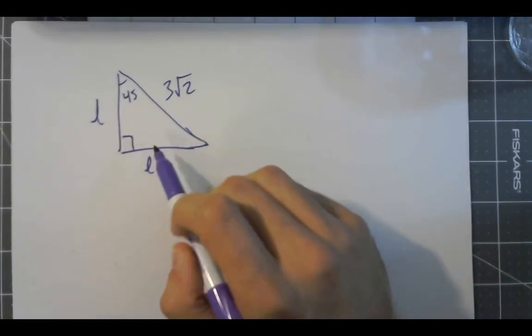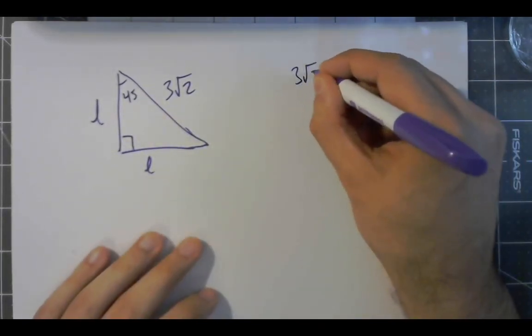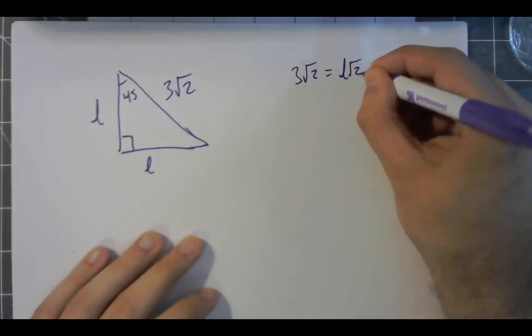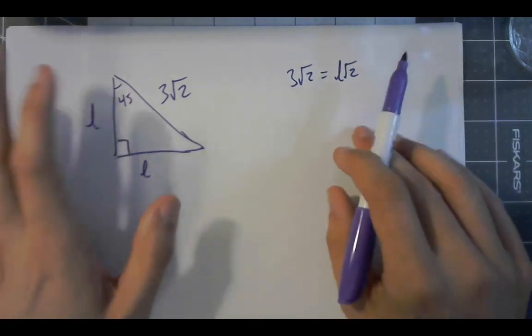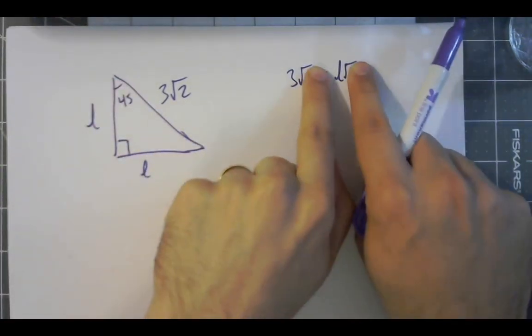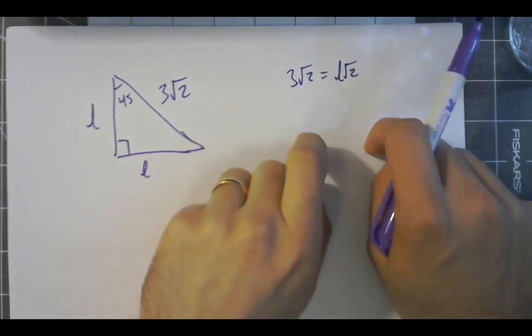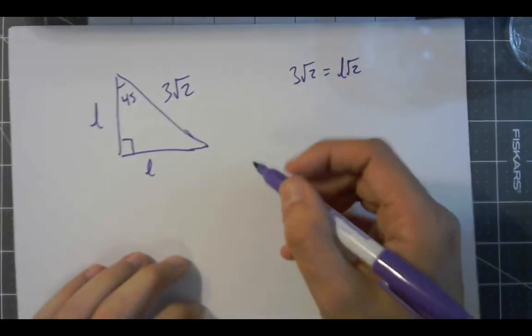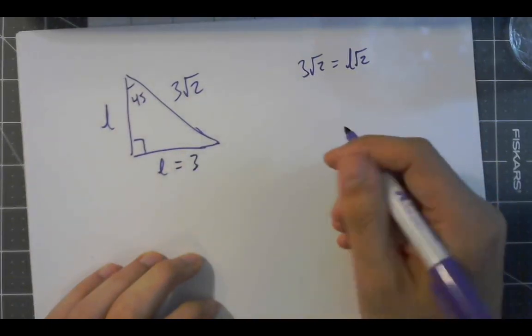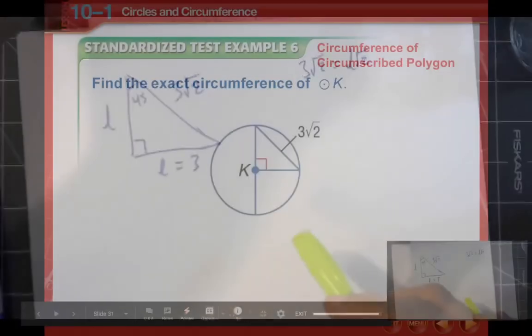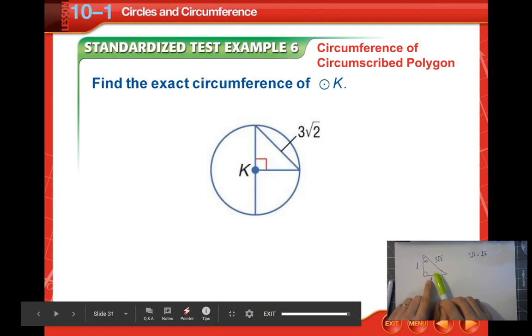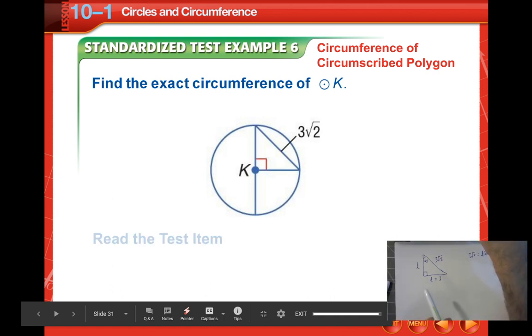But basically I know 3 root 2 is going to equal L root 2 because our hypotenuse is L root 2. If I cover up the root 2, I know L has to be 3. But it's not just L. In this case, if you look back at the slide, L is our radius. So our radius is 3.